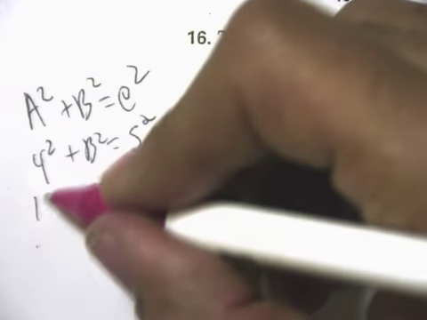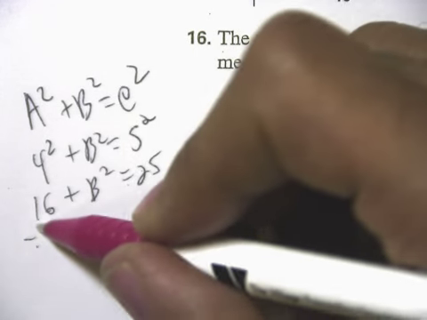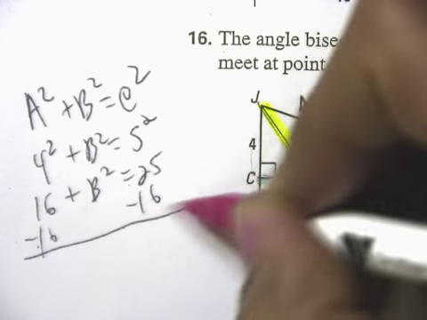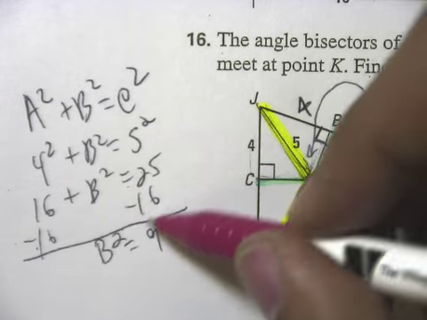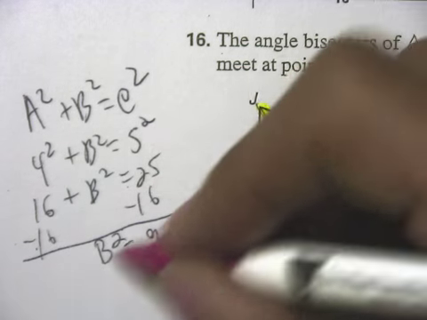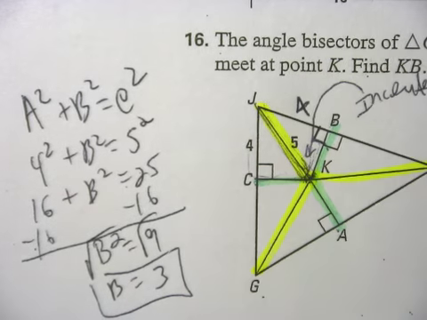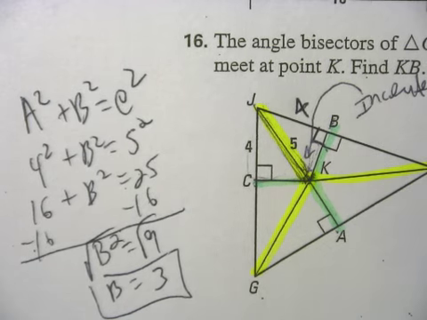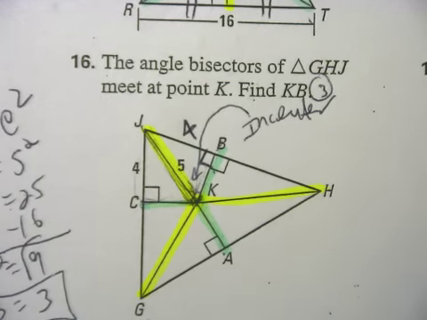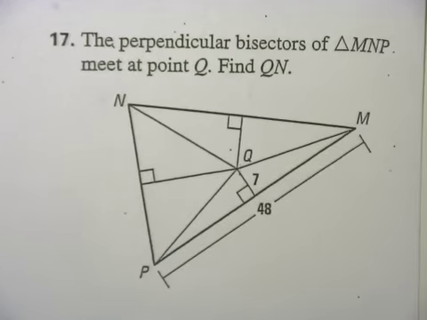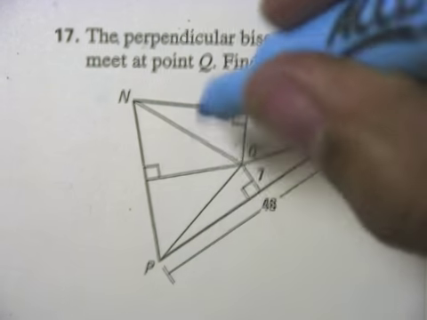There's my Pythagorean theorem, where the hypotenuse is always C. Remember, I don't want b squared, I want just regular b. So I'm going to take the square root, and b is going to be equal to 3. So the distance from K to B is going to be 3.